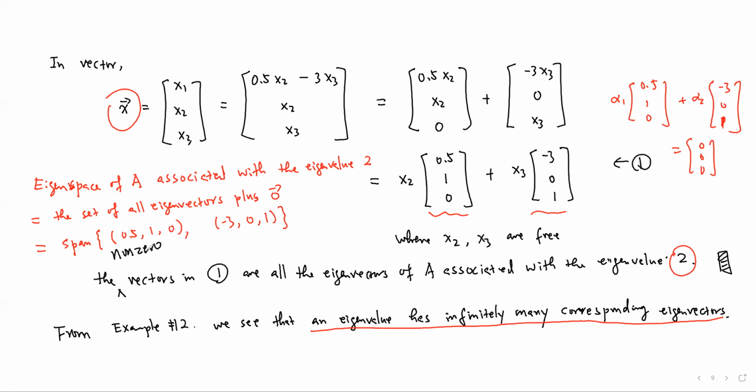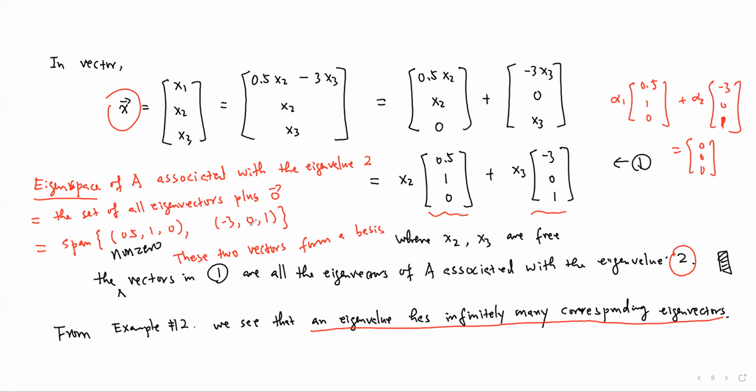Therefore, these two vectors span the eigenspace, and we cannot drop any of the two vectors from the spanning set. So they form a basis for the eigenspace.